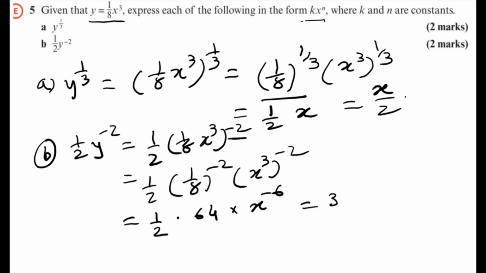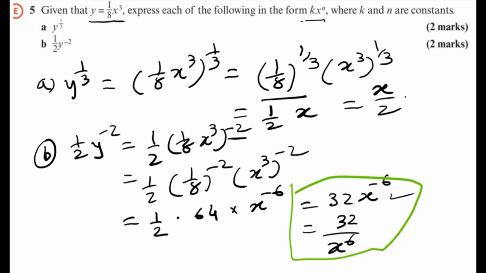Half of 64 is 32, x to the power minus 6. But I need my final answer in a positive power. So I can write it down as 32 over x to the power 6. You can keep this also as your answer. Okay. So this is our final answer. Either this or this, it doesn't matter.